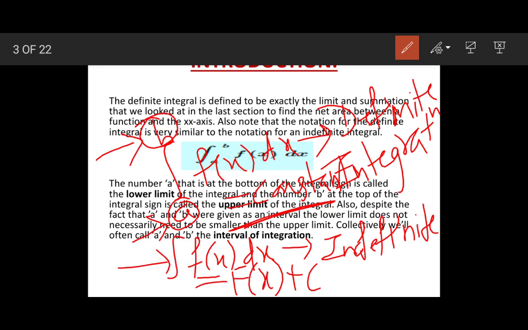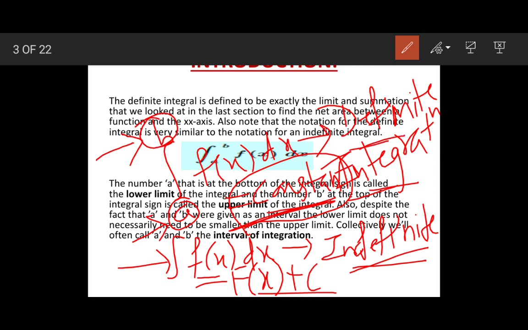Here we get the exact value. So that is the most important difference between indefinite and definite. In indefinite we are not getting any specific value, we are getting a function of x, but in definite integration we are getting a specific, constant value.